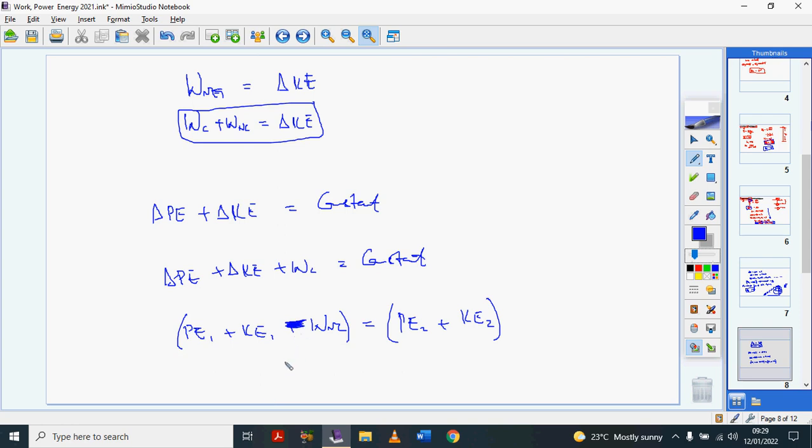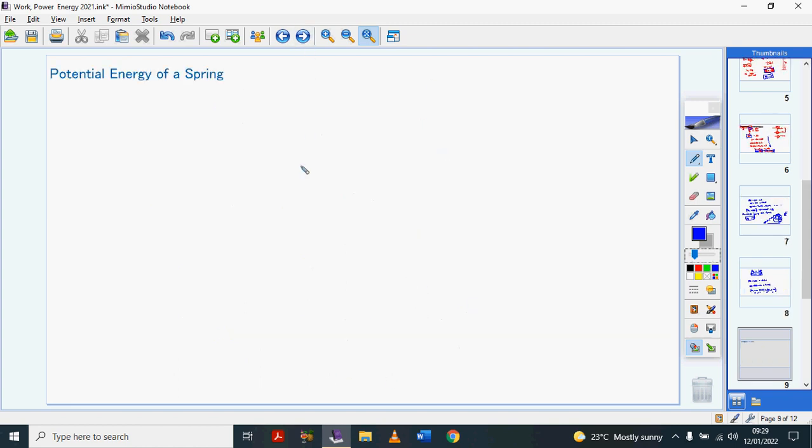If a system has 10 joules of energy and then a non-conservative force like friction transfers 6 of those joules into heat, then you only have 4 joules left. So you will have 10 joules minus 6 equal to 4, which is the total mechanical energy left in the system. You're going to see how this works out in some examples that we're going to look at.